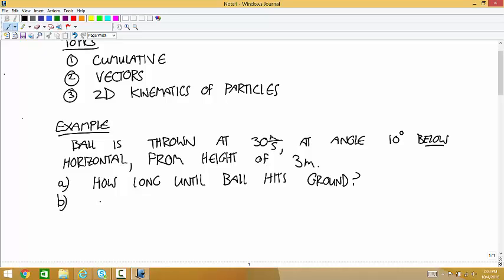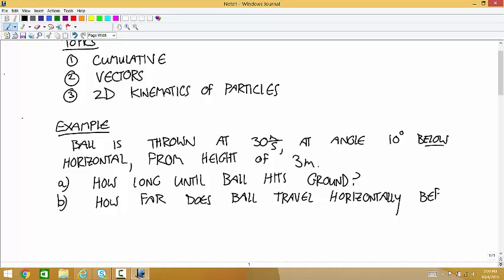And second, how far does the ball travel horizontally before it hits the ground?